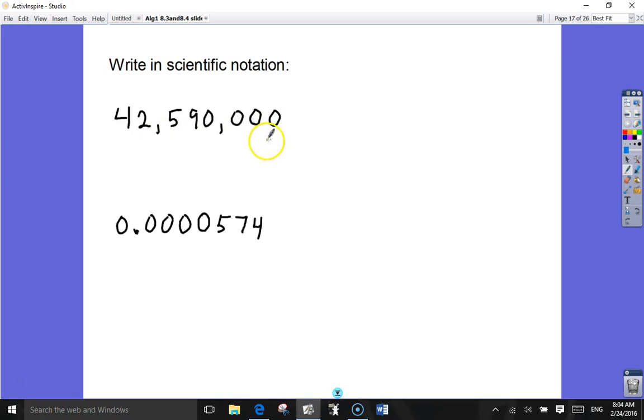It looks like to go from here to here is going to be 7 to the left. So what is the number now? 4.259 times 10 to the positive 7, right?